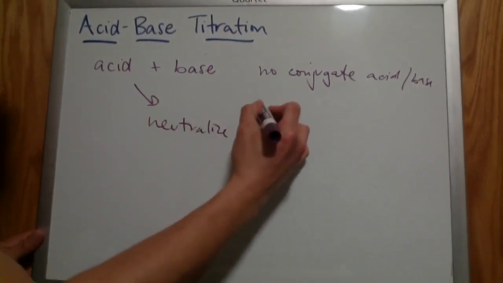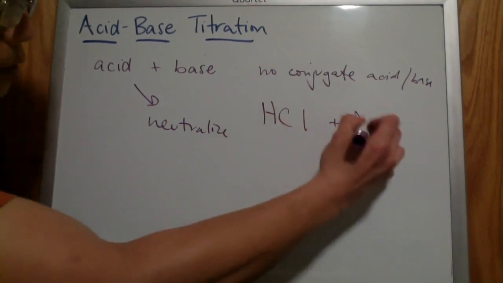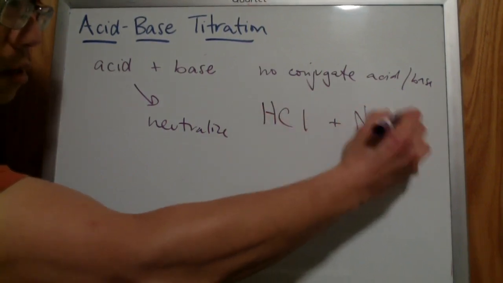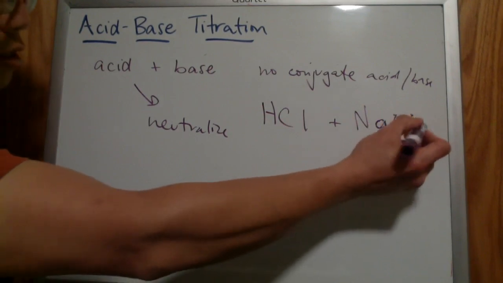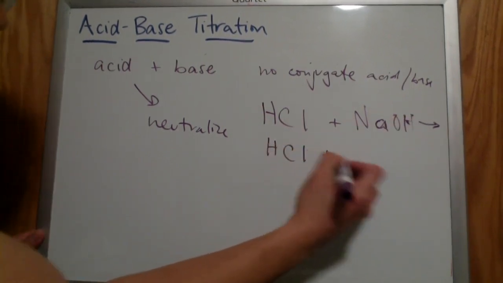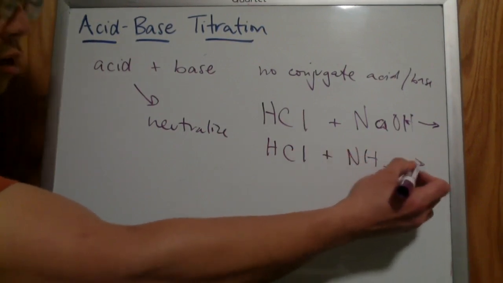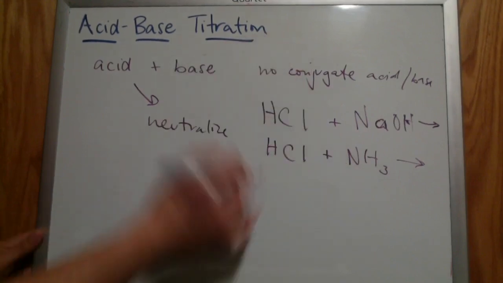So if we had HCl and sodium hydroxide, they are not related to each other, so they would neutralize each other. Or if we had HCl and ammonia, NH3, they are not related to each other, and they would neutralize each other.